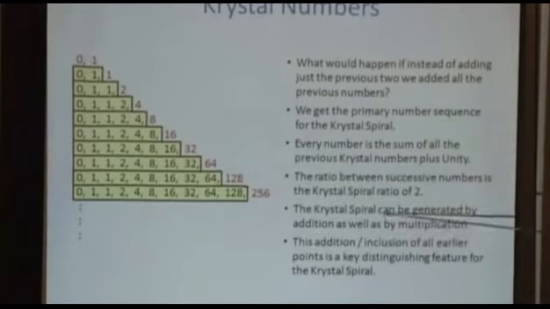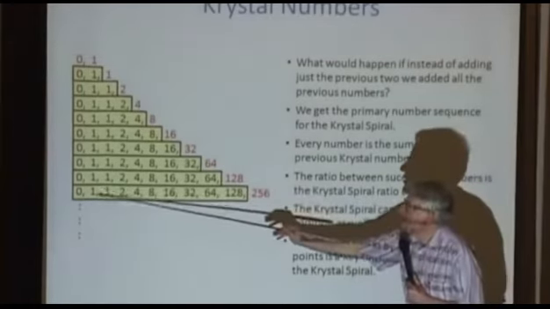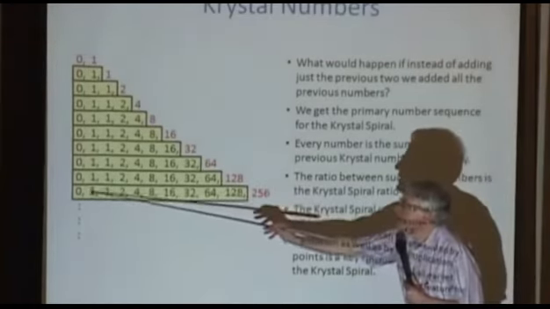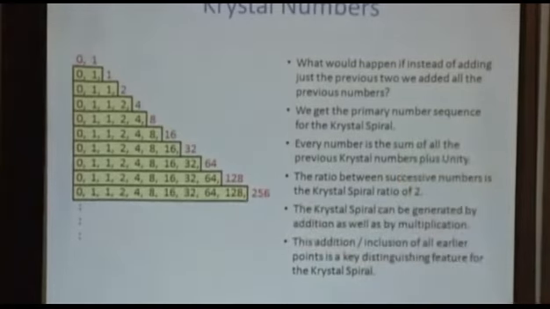So we can see from this that the crystal spiral can be generated using addition as well as by multiplication. And this inclusion of all of the earlier points is a key distinguishing feature for the crystal spiral. Now we have the crystal spiral number sequence here, but we also have this additional 1. And we can look now at what the significance of that 1 is.